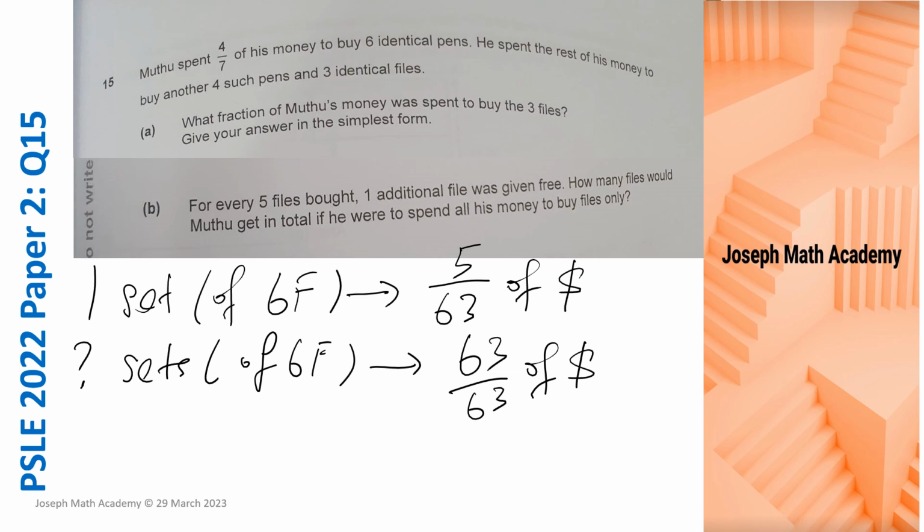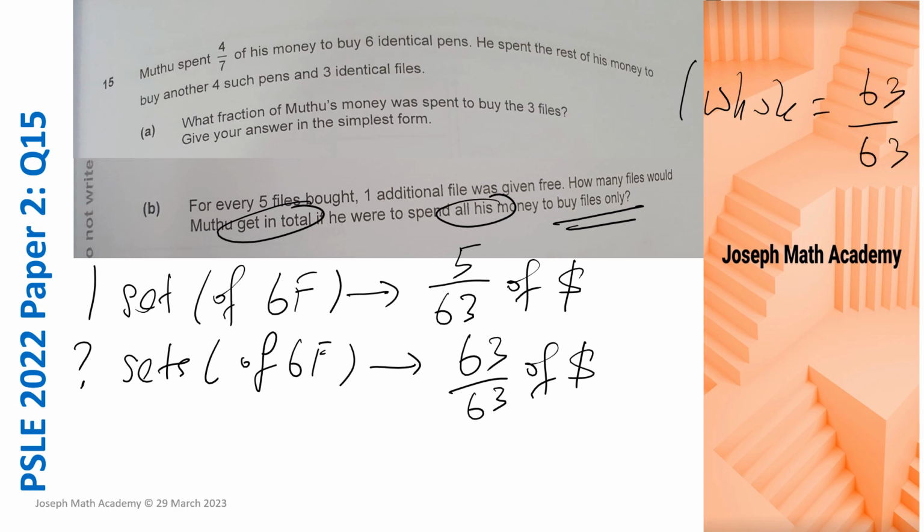Because question B asks how many files would Muthu get in total if he were to spend all his money buying files only, not buying pens, just files. That means use 1 whole of his money. In the earlier slide, 1 whole means 63 out of 63.